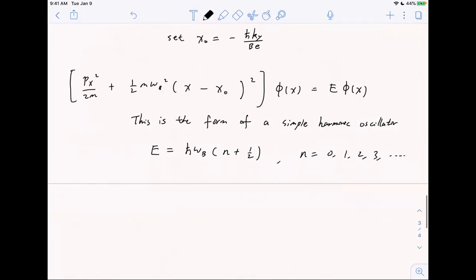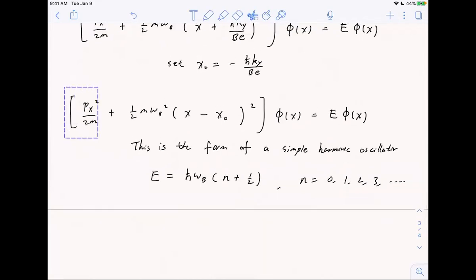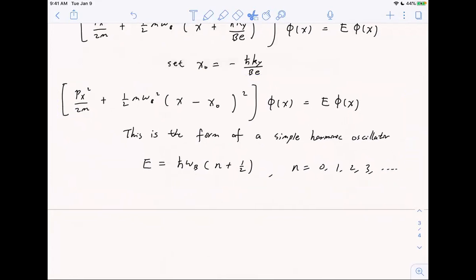Here omega b is the cyclotron frequency, eB over m. So that's it for the conventional massive particle. Probably you already learned this before, how to solve the Hamiltonian of a free massive particle under electric field, under magnetic field. Is it okay?